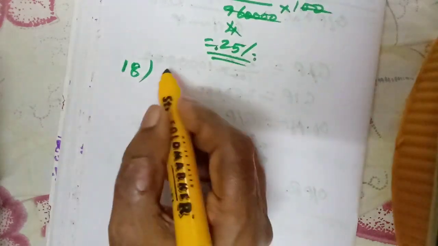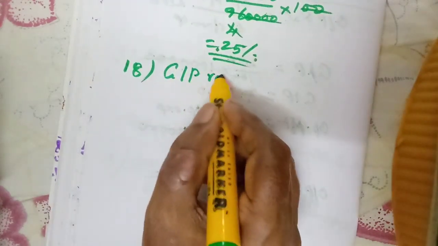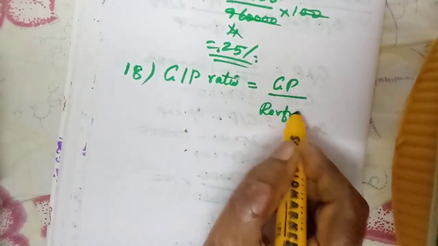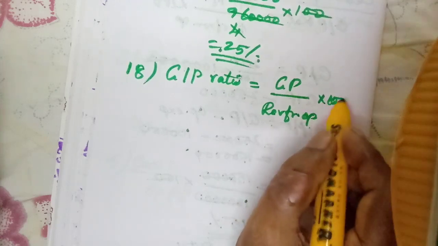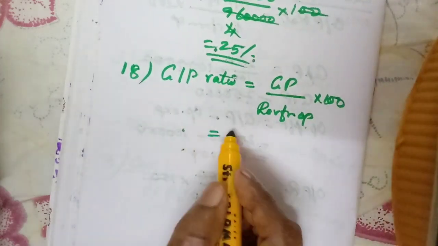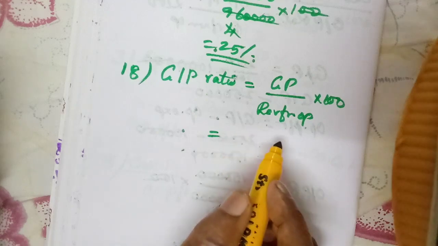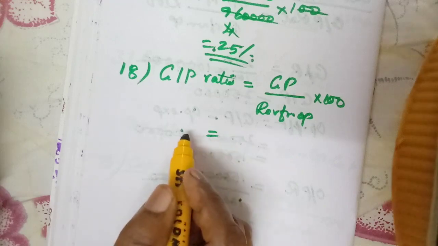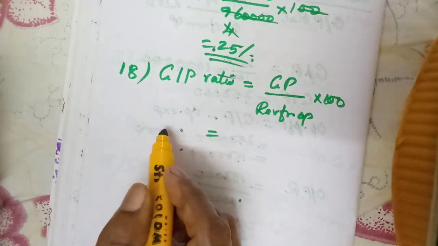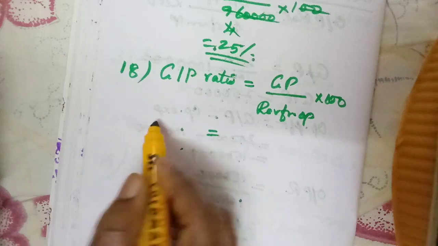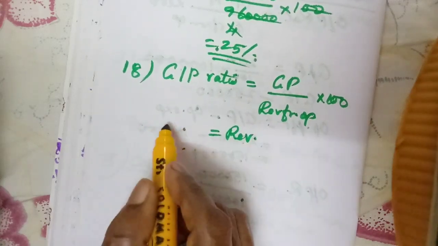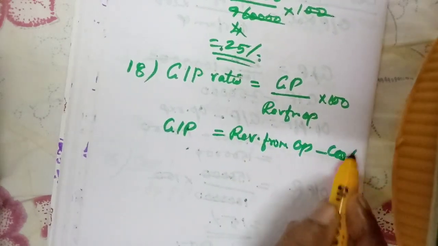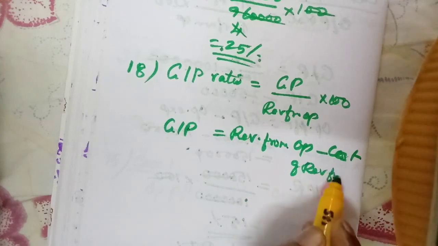First one, gross profit ratio. Gross profit divided by revenue from operation into 100. We have to calculate gross profit, which is revenue from operation minus cost of revenue from operation.